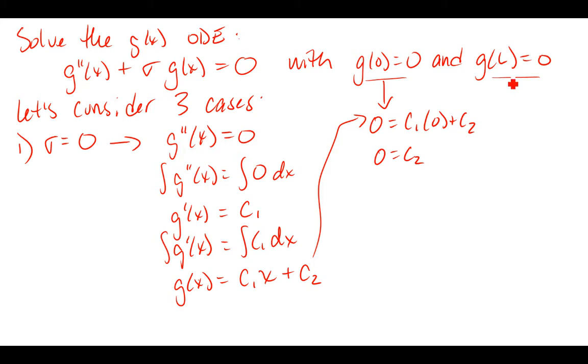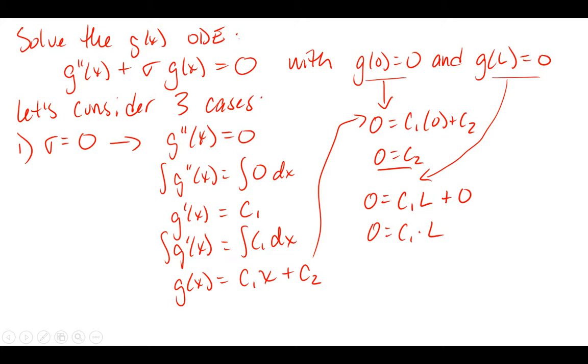And now let me use my other fact, which would say I'm supposed to get 0 when I plug in L. Okay, so c1 L plus 0, right? c2 is 0, I already showed that. So c1 times L is 0.